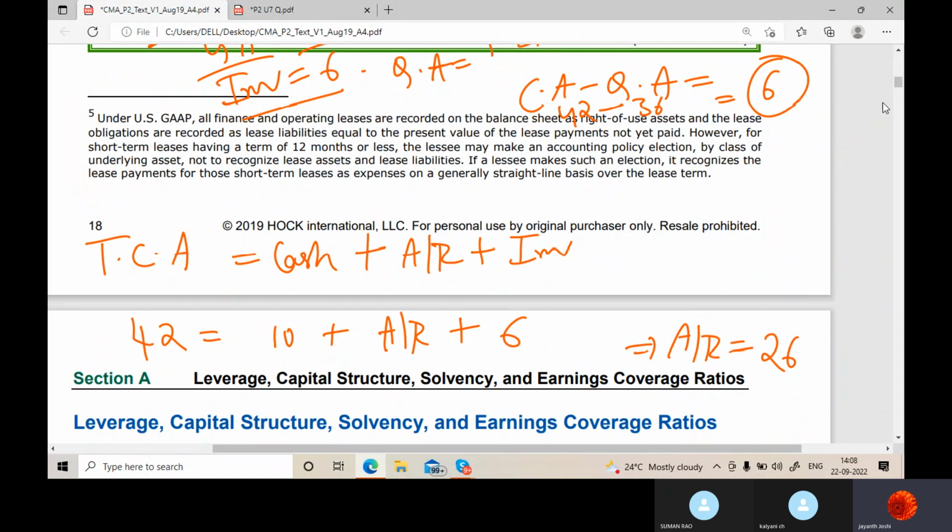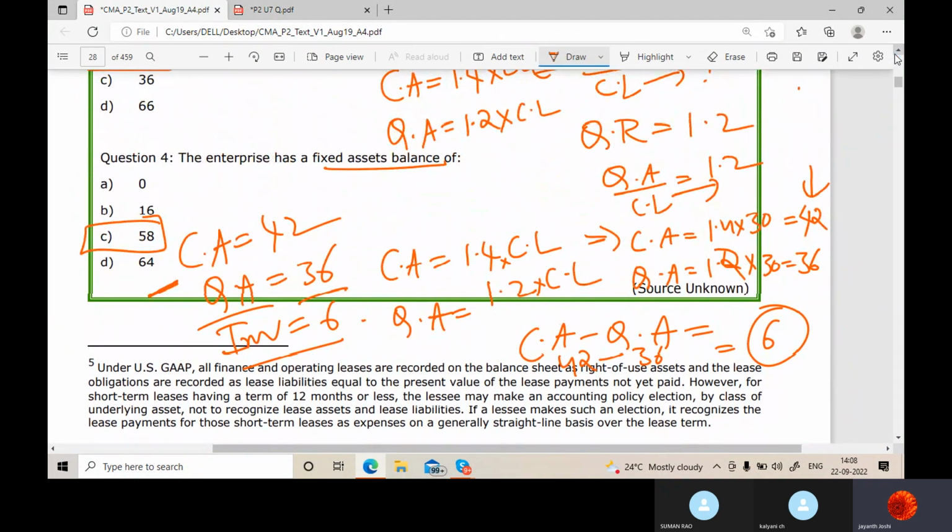Is it okay if I scroll down or you are still writing, Sumit? Yeah, it's okay.